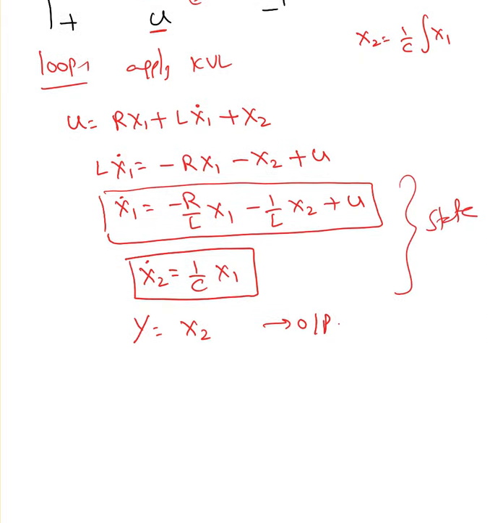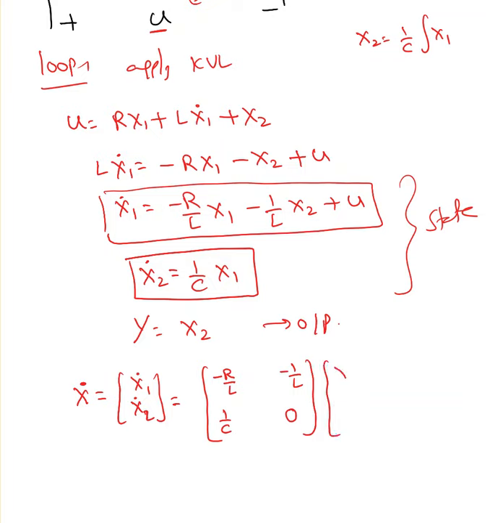Now if I write it down in matrix format, x dot equal to, since there are two state variables, x1 dot and x2 dot equal to a matrix: minus R over L, minus 1 over L, 1 over C. I don't have any x2 term in the second row, so I'm going to put that as 0, times x1 x2, plus B. Here I have one U term, so 1 over L, and there is no U term in the second one, so 0, times U.